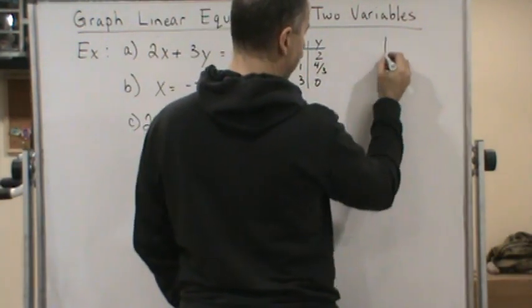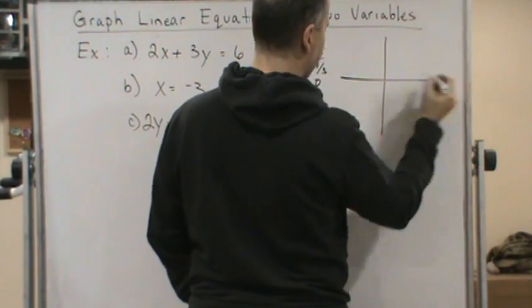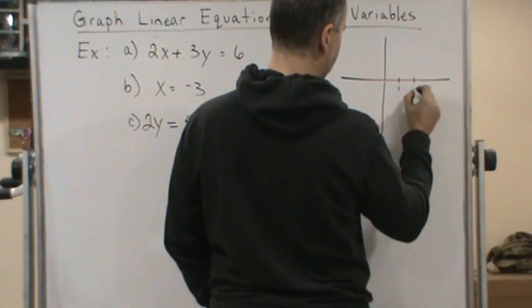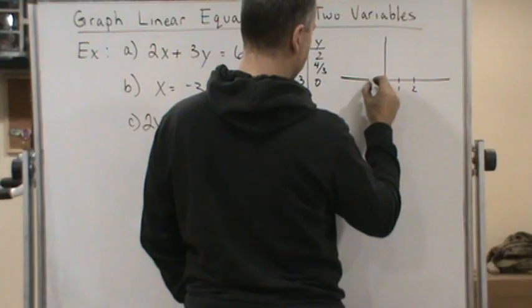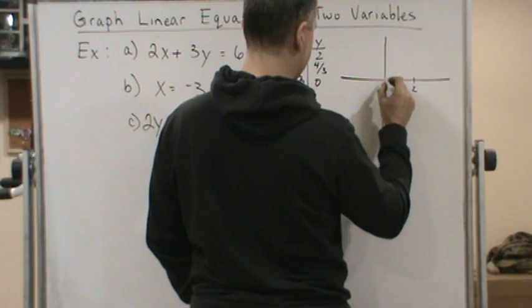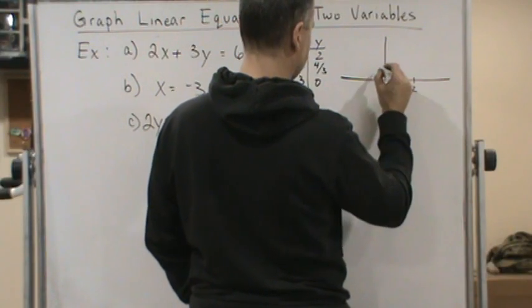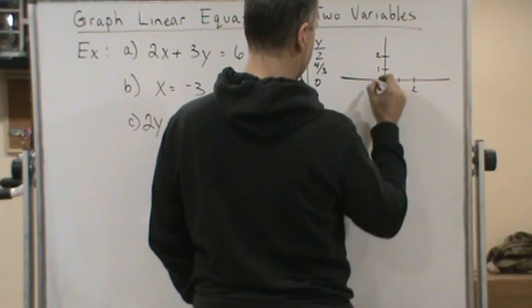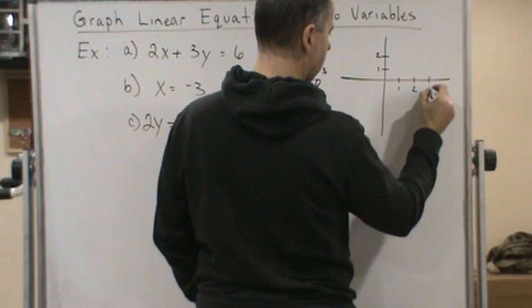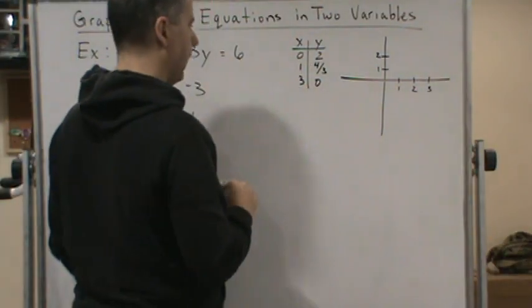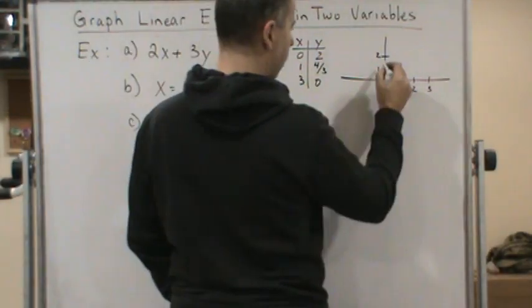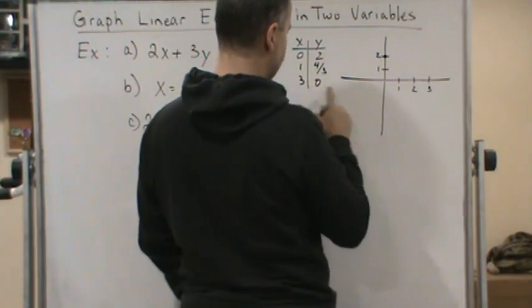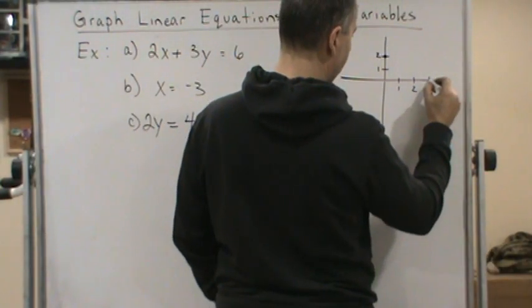So now what we can do is we can graph, right? So we've got 1, 2, and okay, so when x is 0, we get 2, and when x is 3, we get 0.